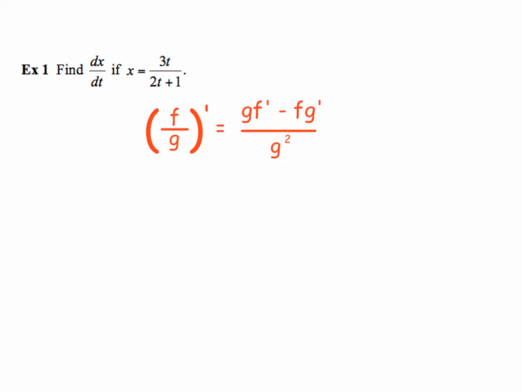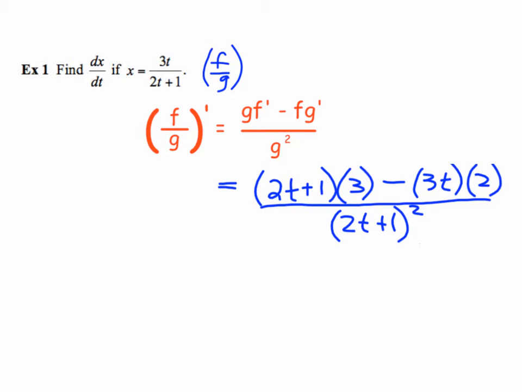So applying it to the expression 3t over 2t plus 1, it becomes 2t plus 1 times the derivative of the numerator, which is 3, minus the numerator times the derivative of the denominator, which is 2, all over the denominator squared, 2t plus 1 all squared.